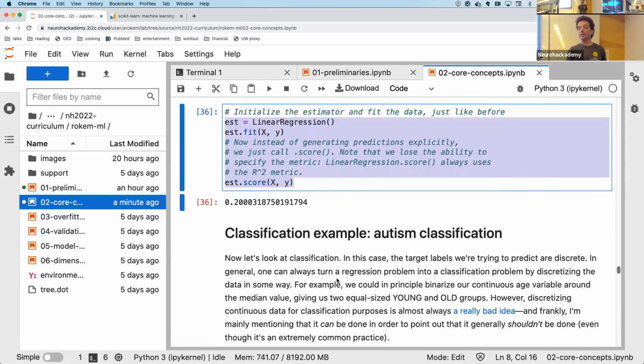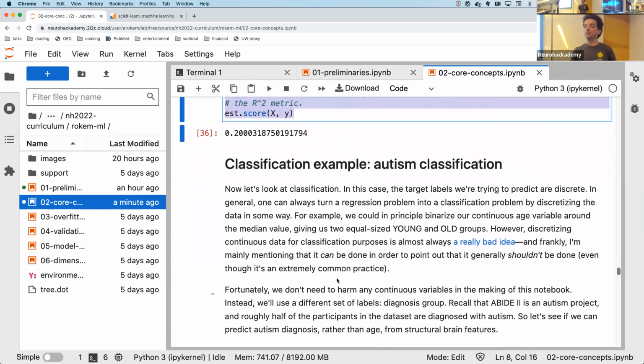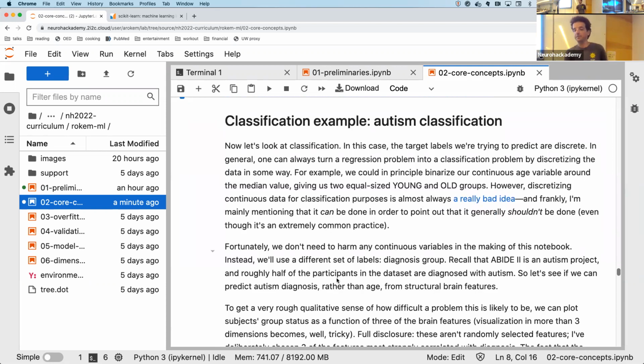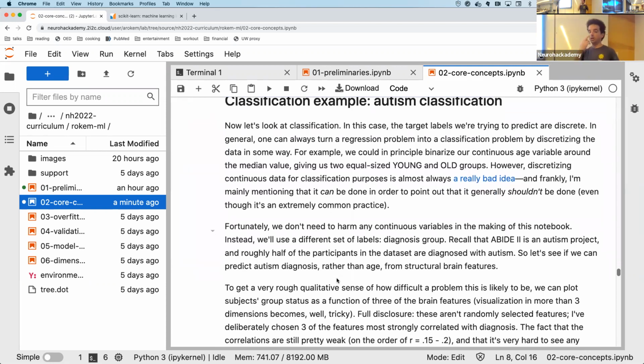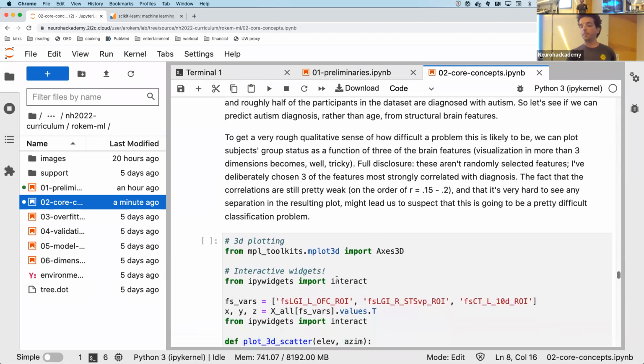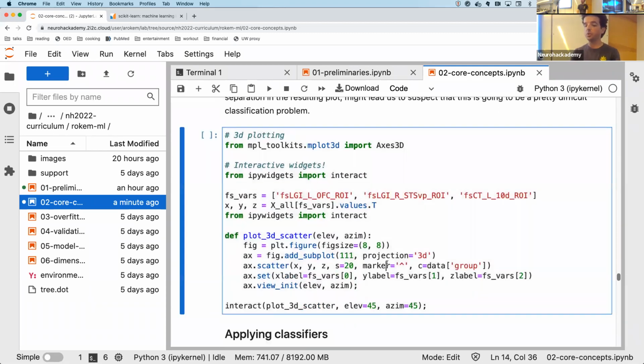Okay, let's look at a classification example. So again, in this data, we have people who are diagnosed with autism and people who are not diagnosed with autism, and we can do something very similar to what we did before.